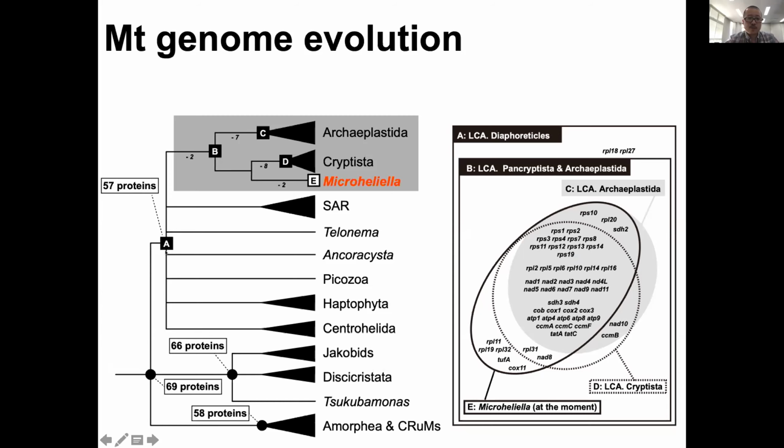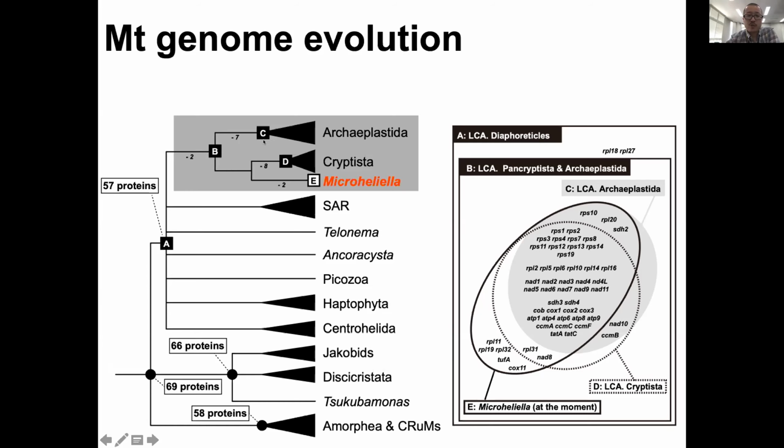And this point A to B, which is the common ancestor of Archaeplastida and Cryptista: from A to B, just two genes, RPL18 and RPL27, moved to the nuclear genome from the mitochondrial genome.